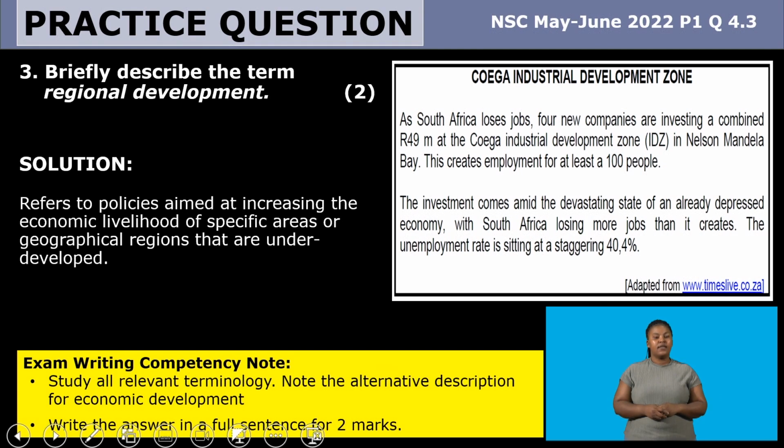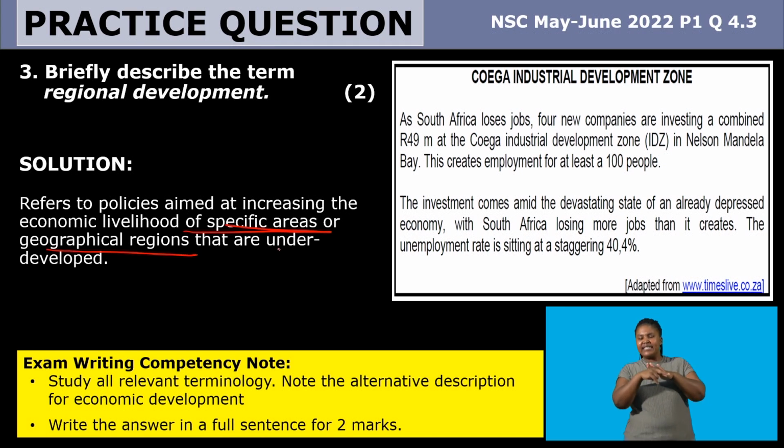It refers to policies aimed at increasing the economic livelihood of specific areas or geographical regions that are underdeveloped. So regional development focuses on bringing development to regions that are less developed in the country.